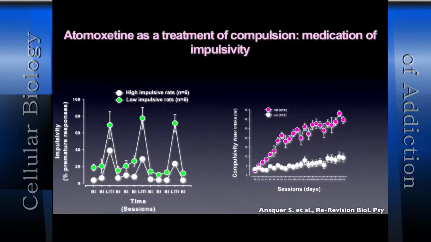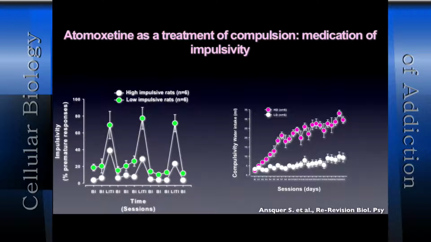We've been interested over the last years in the relationships between impulsivity and various behavioral expressions of compulsivity, as you can find in different obsessive compulsive spectrum disorders. And we can identify high impulsive animals. I'll come back later on to the way we identify them. And in the schedule-induced polydipsia procedure, in other procedures, we can identify high compulsive rats.